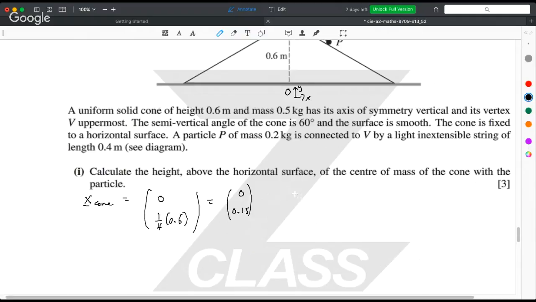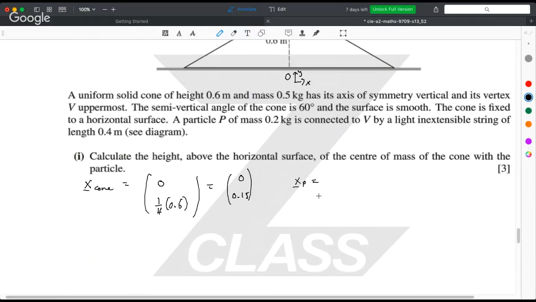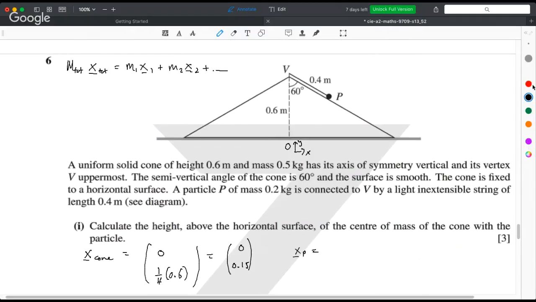Okay, what about the particle? Well, x of p, and you can do this by trigonometry. We're looking at this triangle here. So we see that this distance is going to be 0.4 sine of 60, and this one 0.4 cosine of 60.